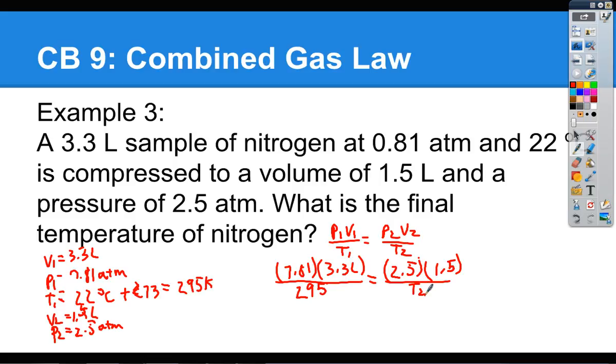Okay, so we've got to isolate the T2, like I said. So that T2 needs to come up to the top. The 295 needs to be cross multiplied here. And then the 0.81 times 3.3 needs to come down here.